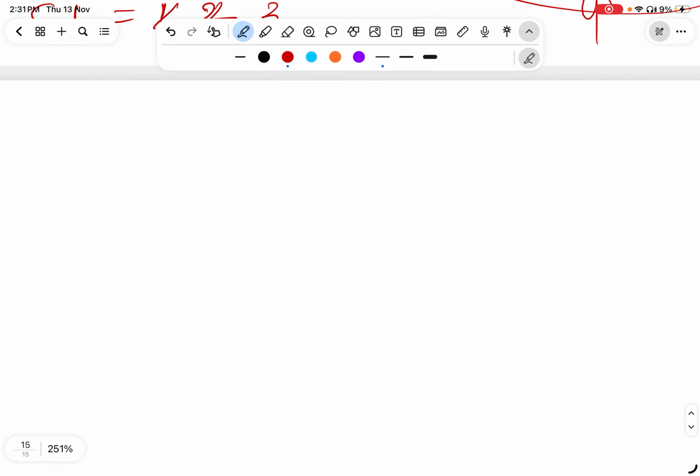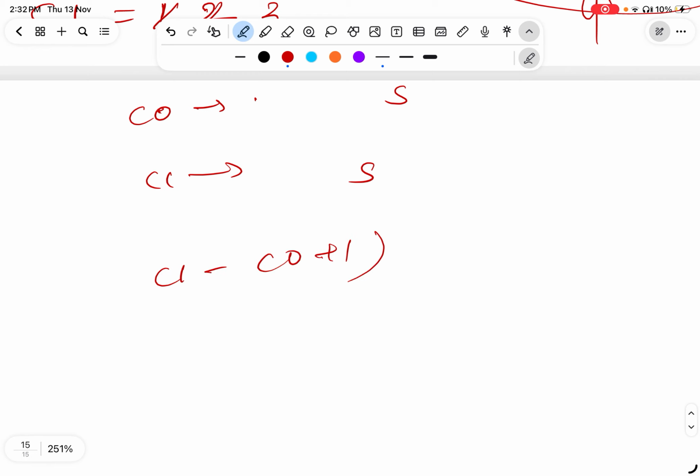So the solution will be very simple. We need to count how many C0s and how many C1s are there in s, and the absolute difference, C0 minus C1, divided by 2, will give us the answer.